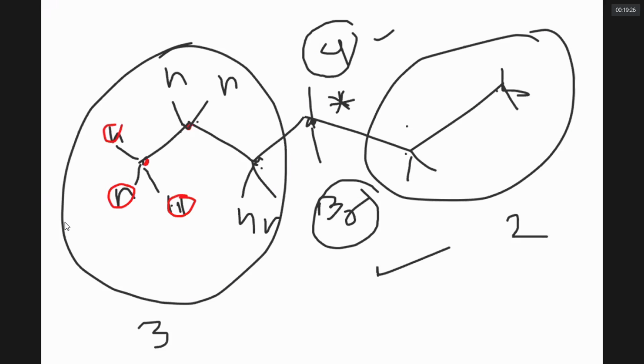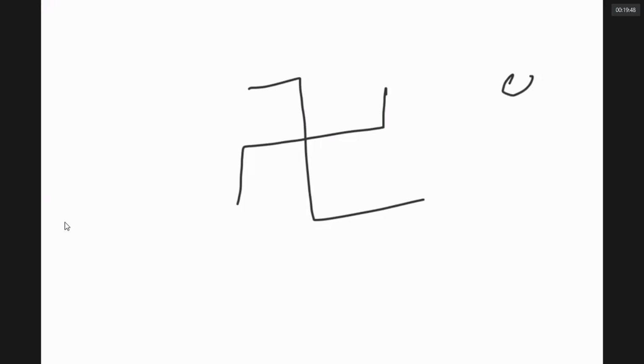This carbon is not chiral. So this compound has how many chiral carbons? 1. This has how many chiral carbons? 0. Zero, sir.